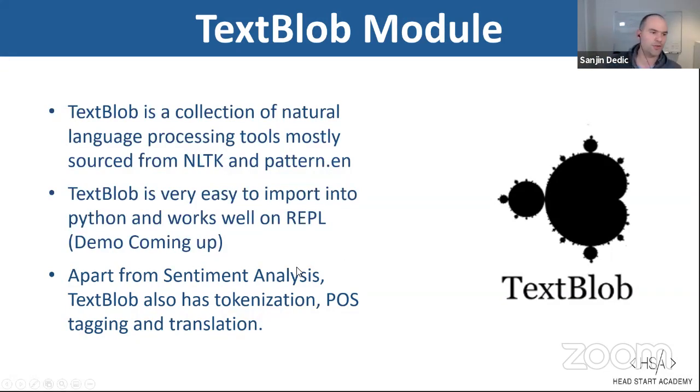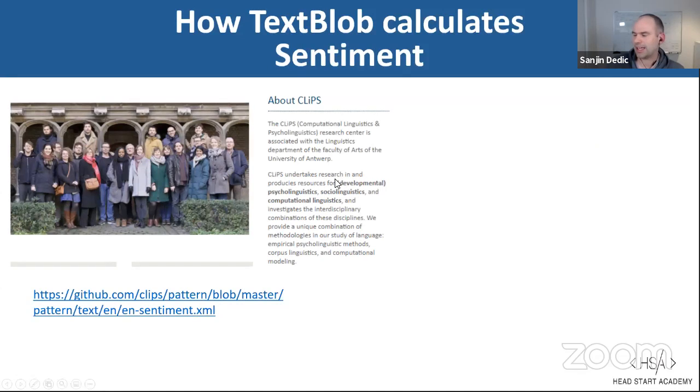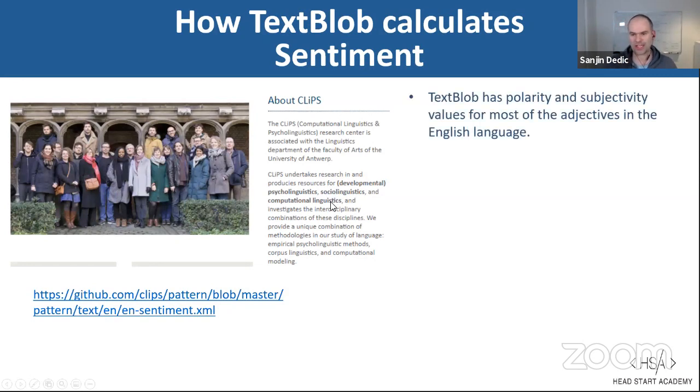If you're running Python on your own computer, you could just pip install Textblob, or you can do that through your Jupyter notebook. It does something very interesting. It basically tags every adjective and emotive noun in the English language. You can have a look at that link because it actually lists every word.